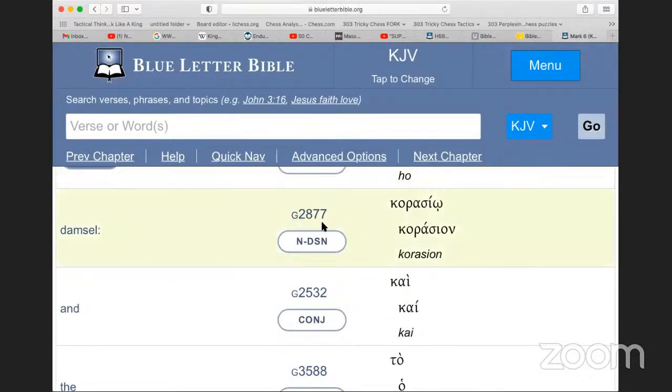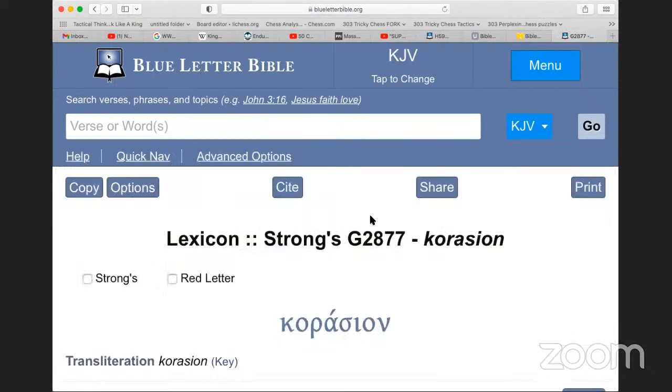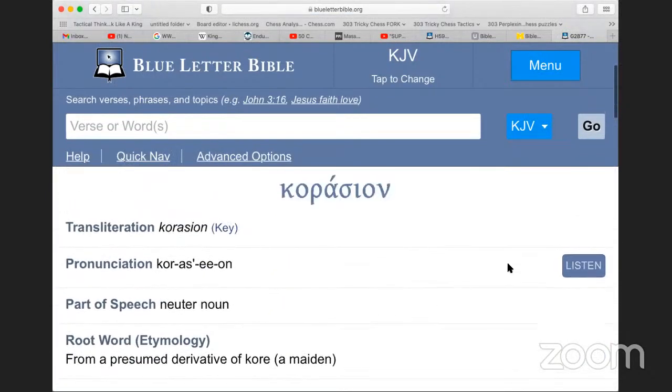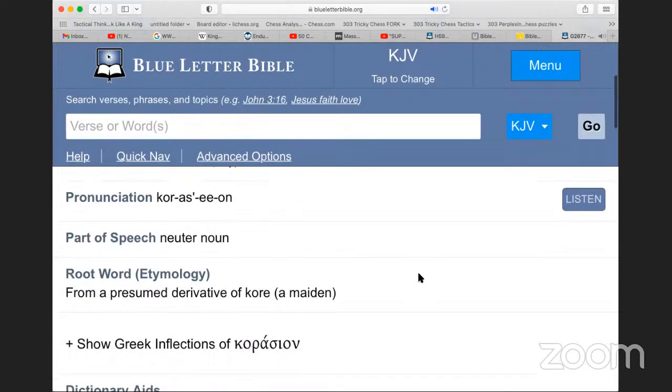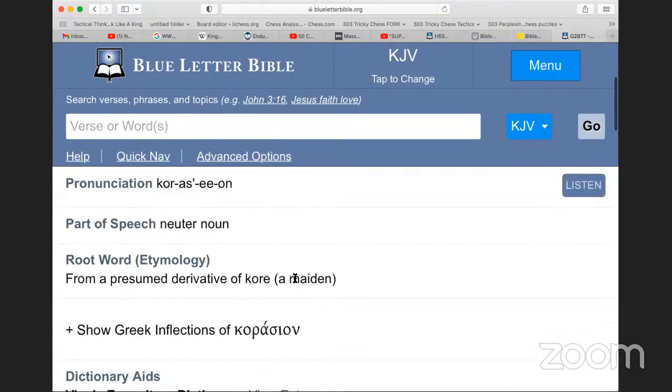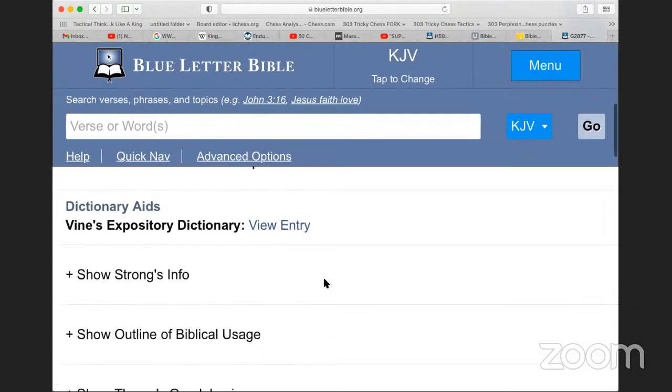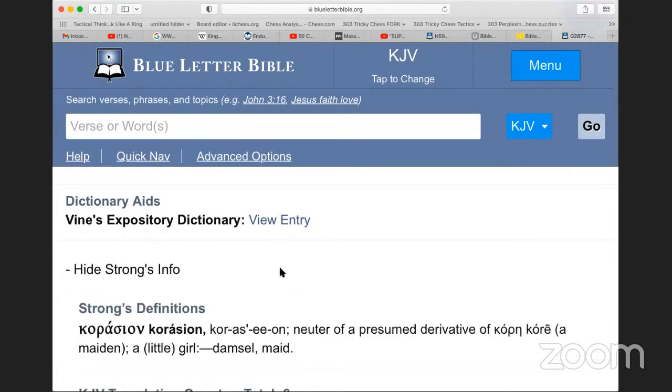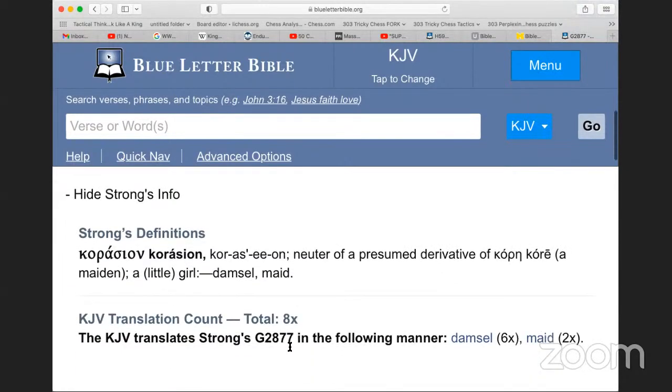2877. Strong's G2877, korasion. Okay, so it's a maiden. Let's see what Strong says about it. Neuter of a presumed derivative of kore: maiden, little girl, damsel, maid.